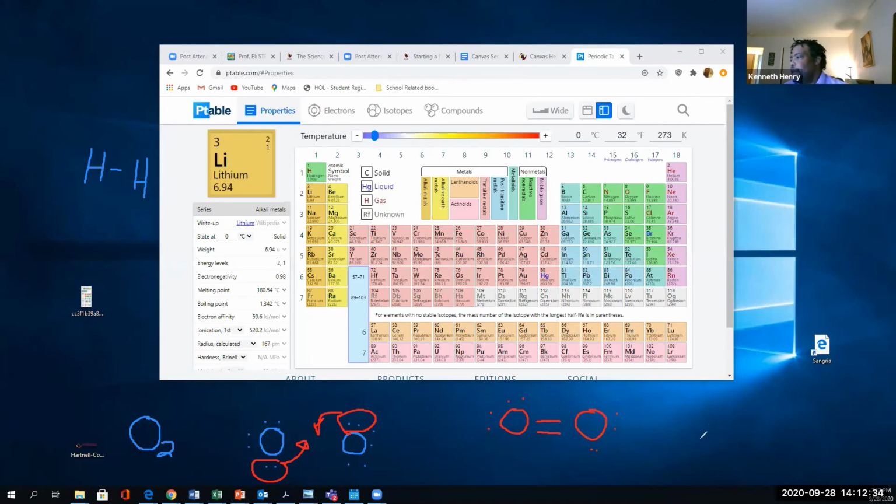Okay, what about nitrogen? Let's do nitrogen. How many valence electrons? Because we know that nitrogen is also diatomic, right? We're going to do N2.